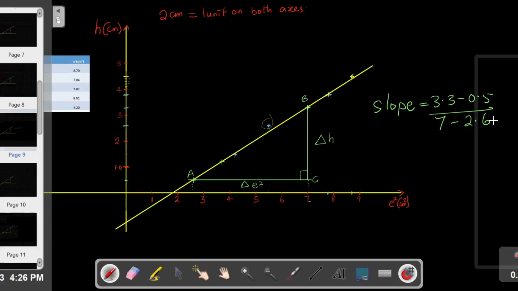All right, so this is going to be 2.8 all over, and this is going to be 7 minus 2.6, which is 4.4. Therefore, the slope is going to be 2.8 divided by 4.4, which is 0.6.